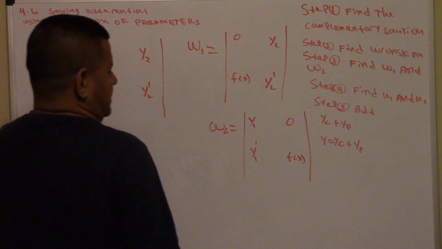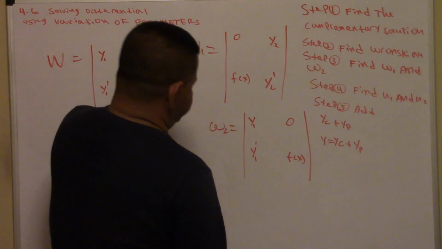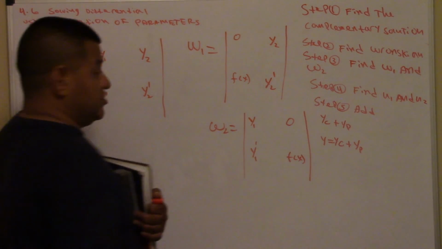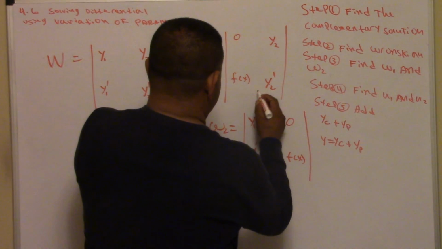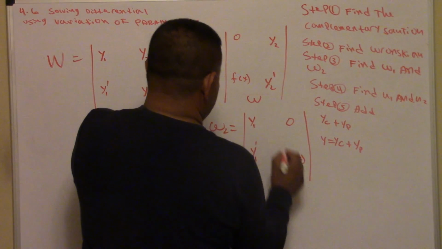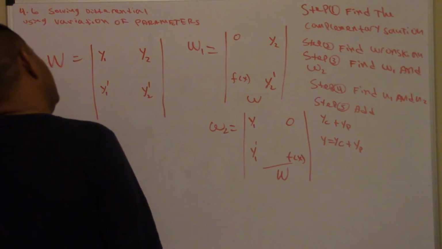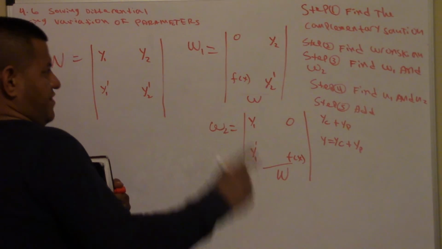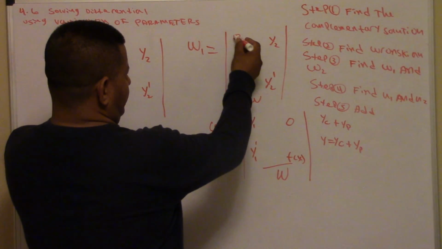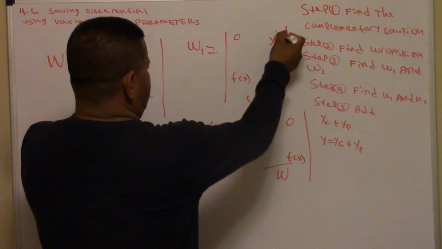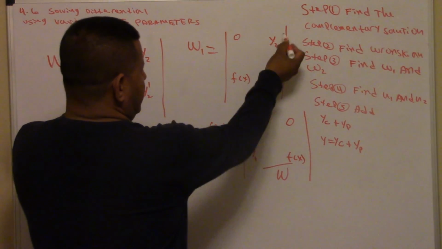I forgot to mention something right here. This should be over the Wronskian. Now, notice that when I take the determinant, this term is 0, and this one is going to give me a negative because I am subtracting it.